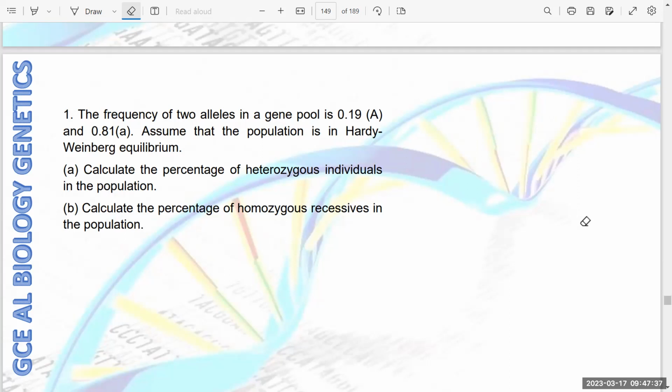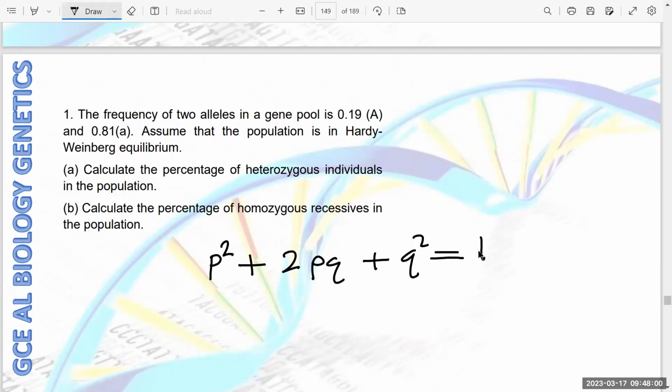Okay, now to come to that point, what we have to remember is the Hardy-Weinberg equilibrium equation: p squared plus 2pq plus q squared equals 1.